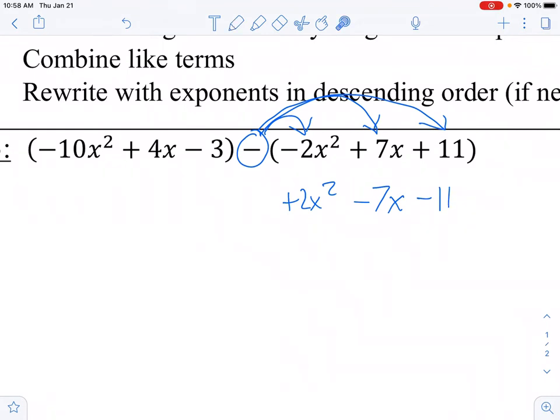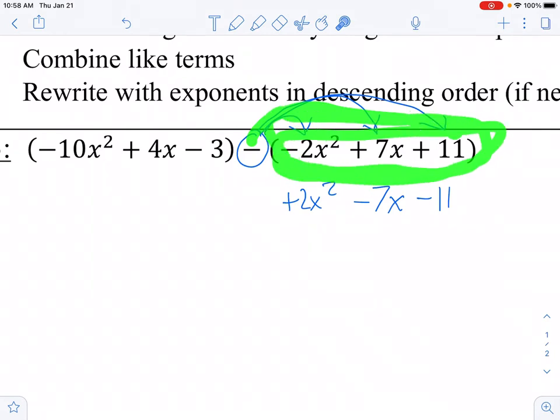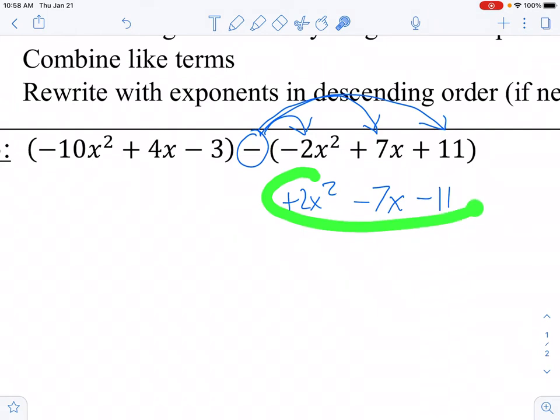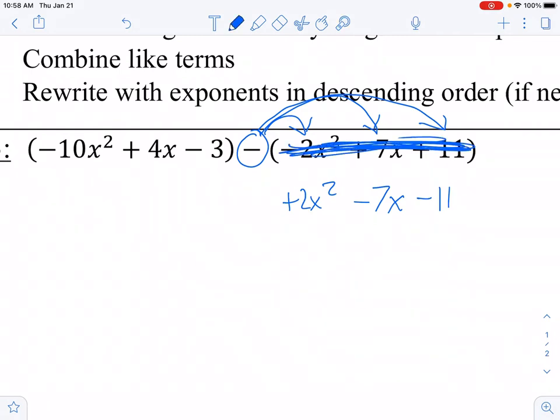So all I've done was I took this negative and I distributed the negative in, and it just changed the signs. That's all that negative does. So now that I've changed those signs, I'm not working with this equation anymore. This is my new group down here. And I don't have to worry about this negative because I already used it up.